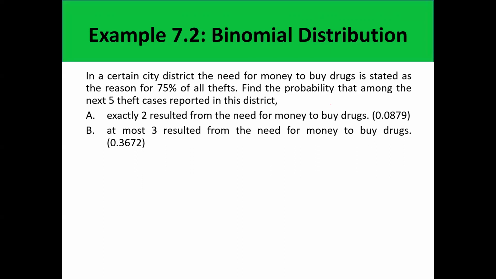So in this example, the binomial random variable x is defined as the number of successes or the number of theft cases resulting from the need for money to buy drugs. So that means the person's reason for theft is because he or she needs money to buy drugs. So we're counting the number of theft cases resulting from this particular reason out of the 5 theft cases.